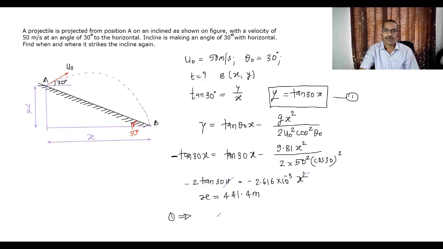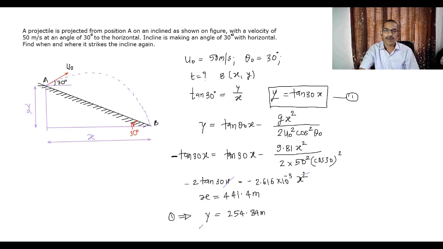Let me write this as equation 1. Substituting the value of x in equation 1, y equal to tan 30 into x. Simply calculate it. The y value we get is 254.84 meters.